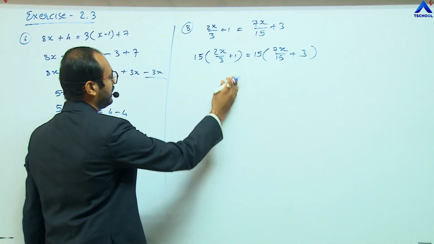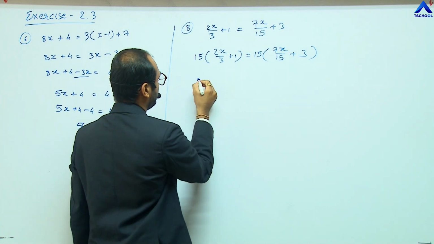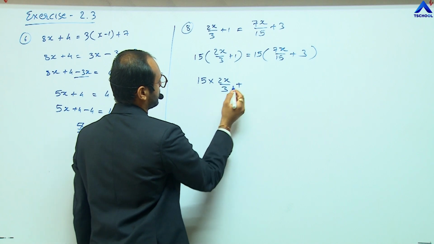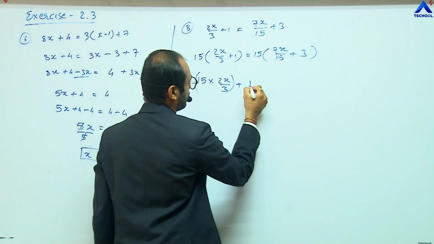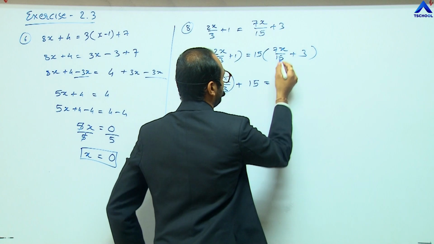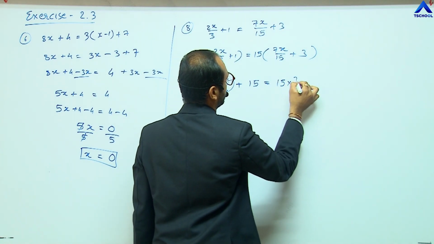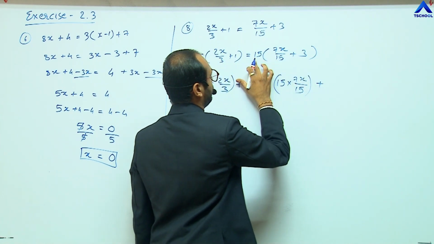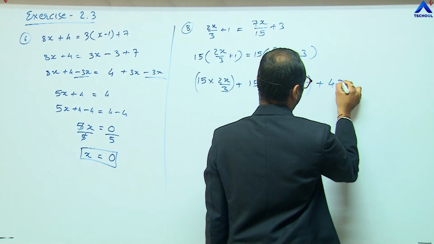Now let me open this bracket. That means 15 multiplied by 2x by 3 plus, here multiplying 15 with 1 also, that is 15. Again multiply this 15 with the first one, 15 into 7x by 15 plus 15 3s are 45.